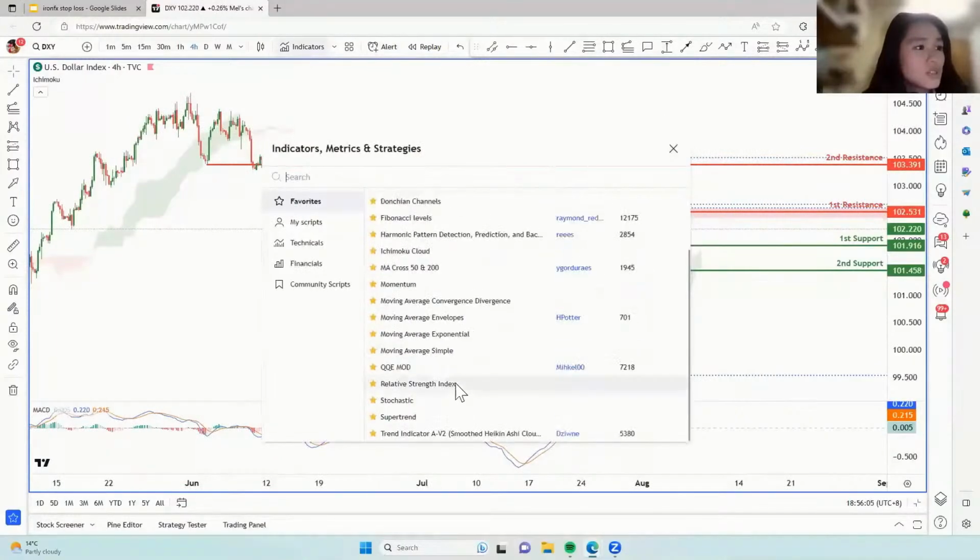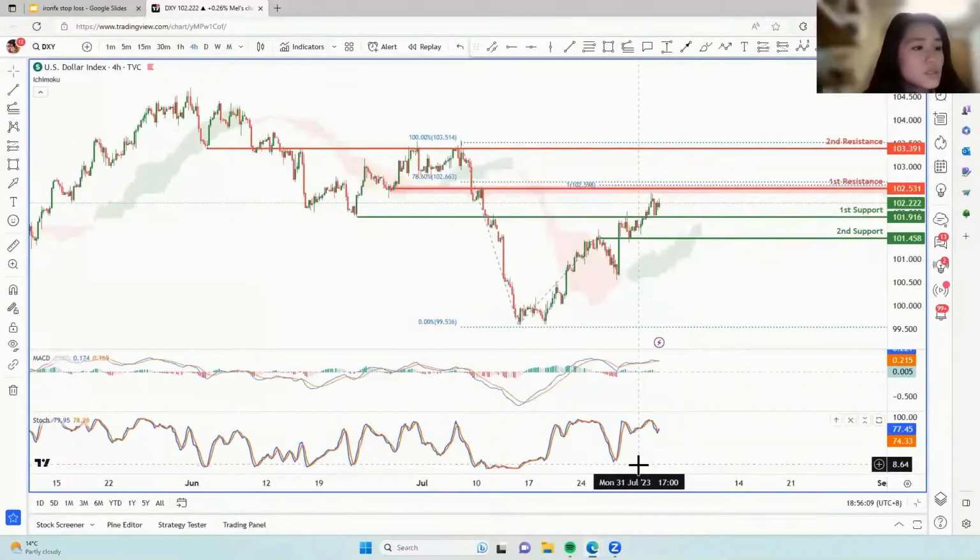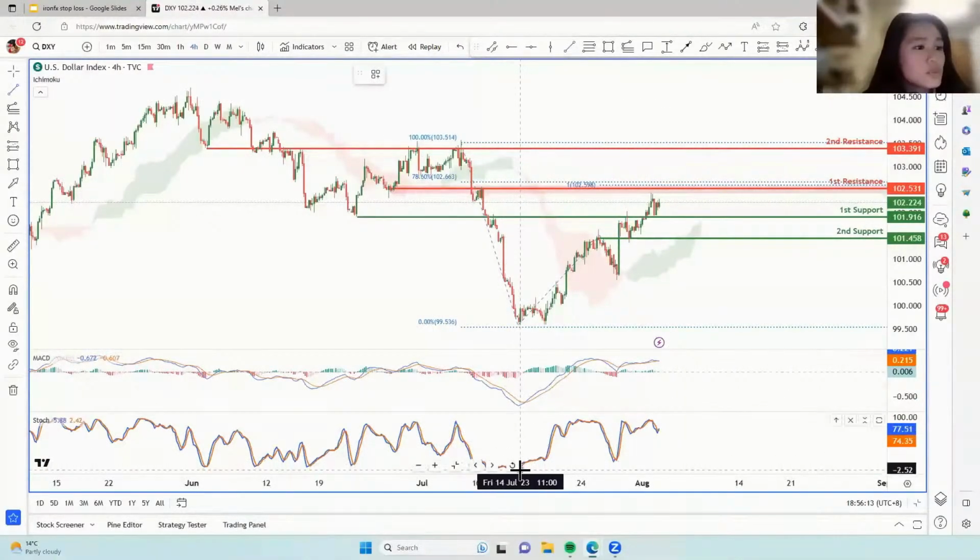Let's maybe take a look at stochastic as well. Okay, stochastic is pretty bullish as well.